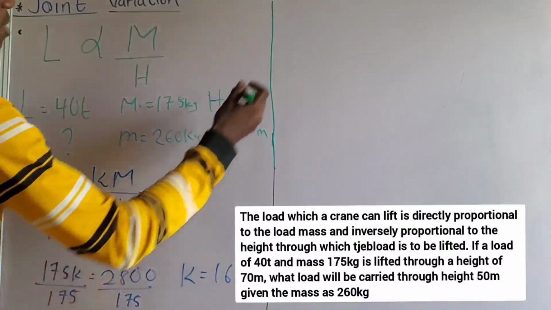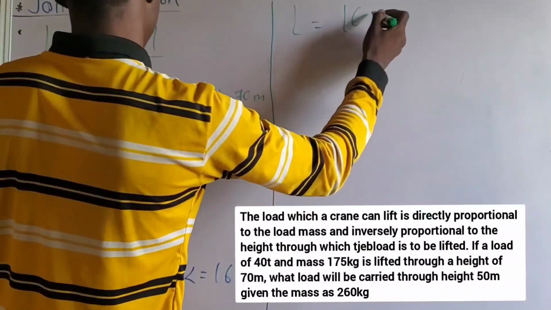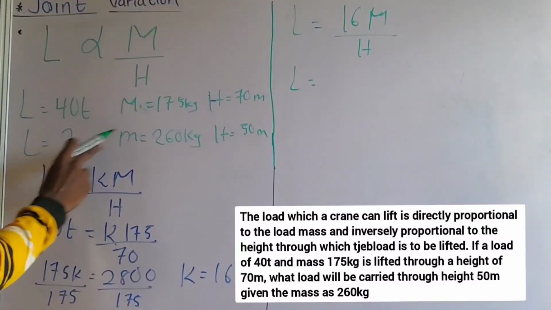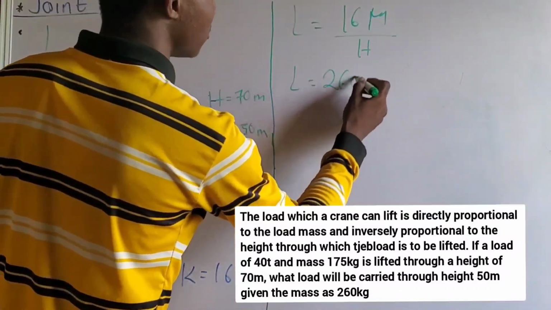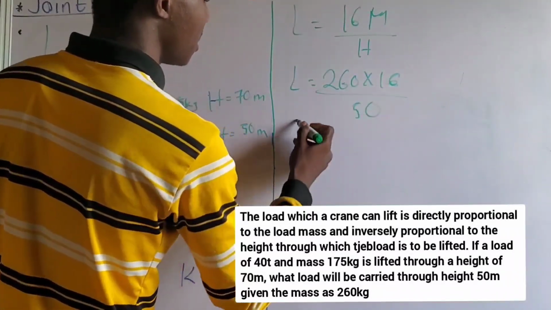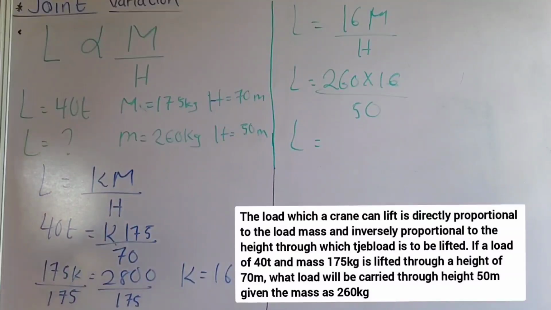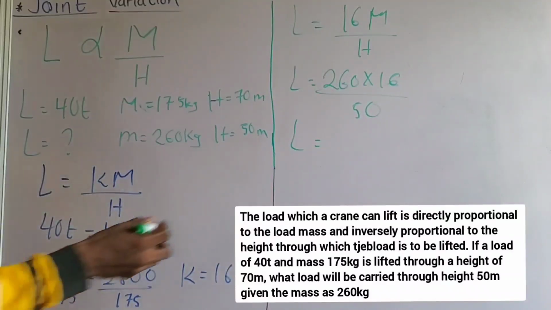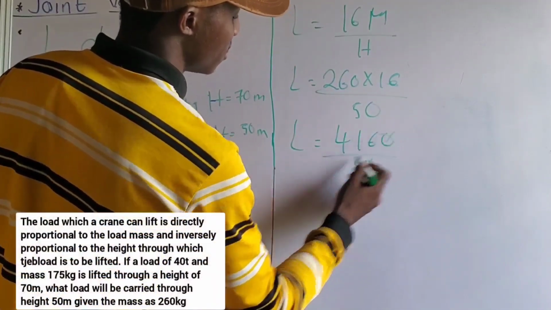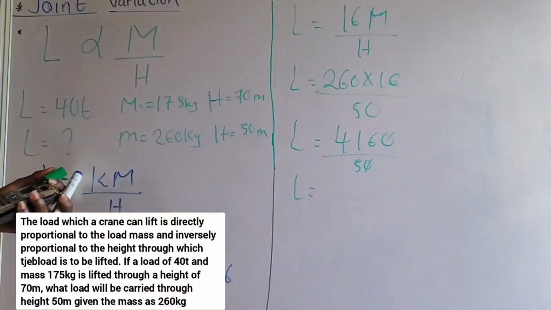So L equals 16M all over H. M is 260, so I'm going to have 260 multiplied by 16 all over 50. 260 times 16 is 4,160. 4,160 divided by 50 is 83.2.